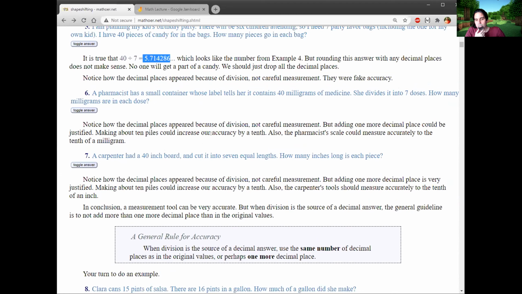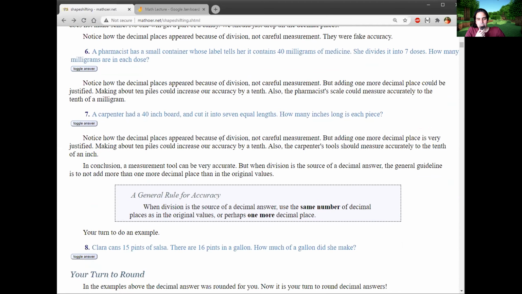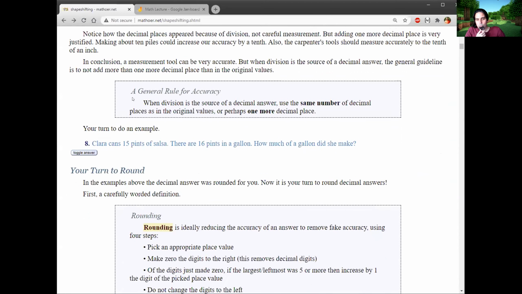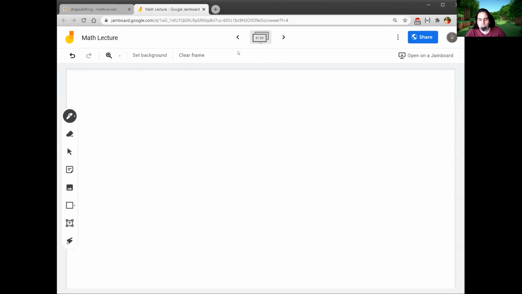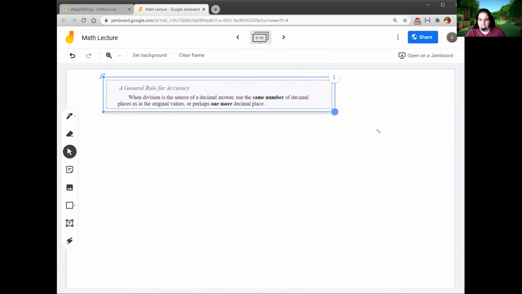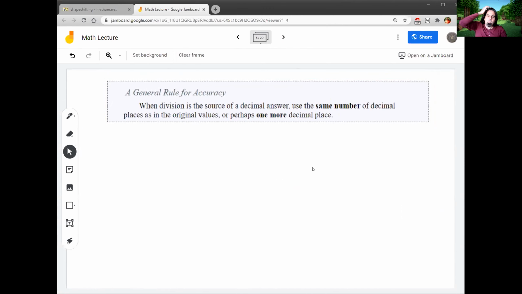They don't have the millionth degree accuracy. So we get this general rule for accuracy, which I will put on the Jamboard just because it's important, and things that are important we should keep on the Jamboard. When we have a bunch of decimal places, usually because of division, then the general rule is to use the same number of decimal places as we were given, or perhaps one more.